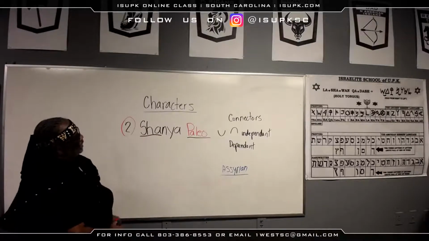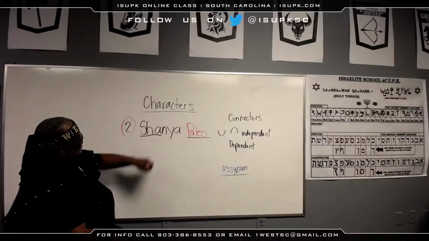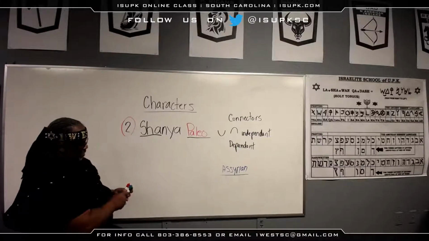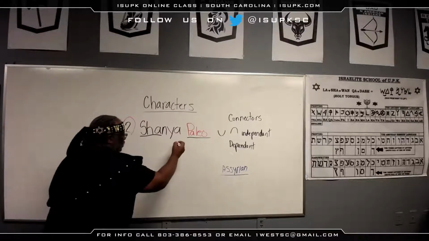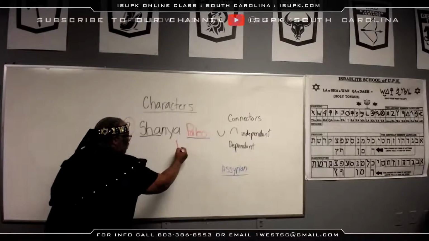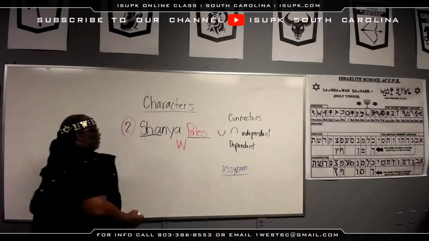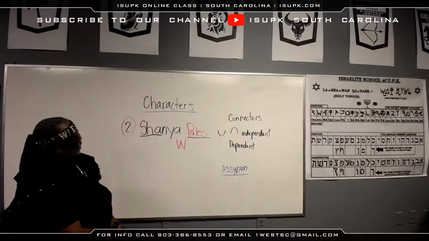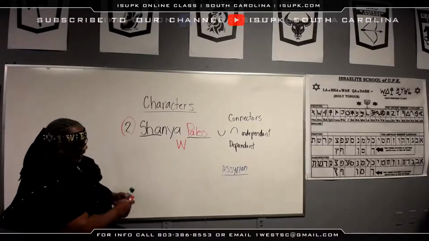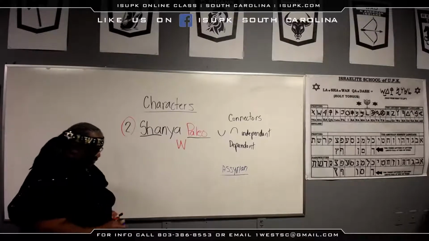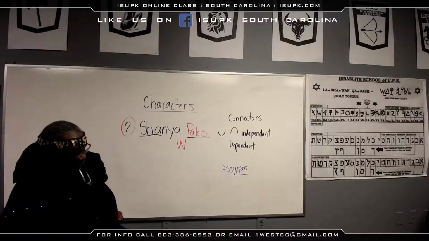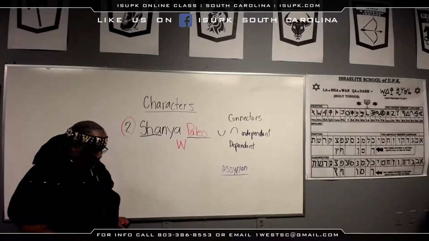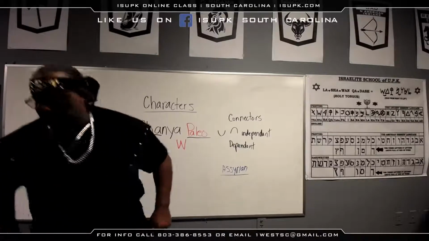Shah is a character. That character looks like this in the Paleo Hebrew, just like that. It looks like a W, but if you get used to it, the Shah will always look like that. And of course, in Paleo, we're going to match it along because people ask all the time.